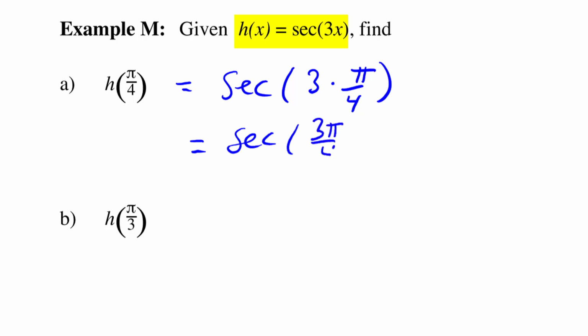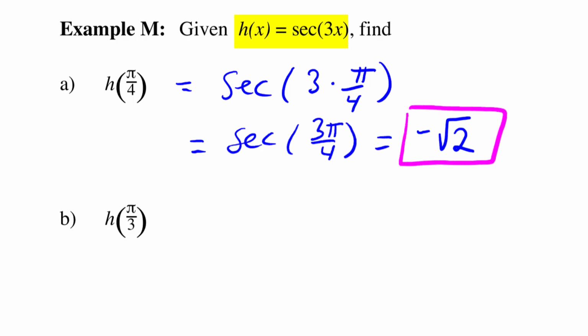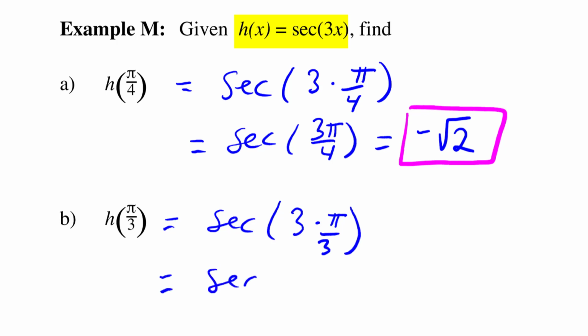And that value is in quadrant 2, it's negative, and at pi over 4 it's radical 2, so we get negative square root of 2. In part B, h of pi over 3 is secant of 3 times pi over 3. Well, those 3's divide out right away, and we get secant of pi, and that's negative 1.